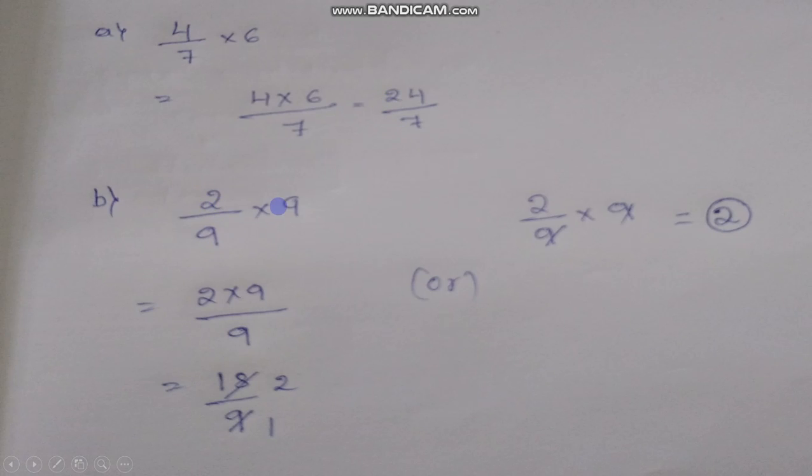Again 2 by 9 into 9, we can multiply 2 into 9 by 9. It becomes 18 by 9, 9 twos are 18, the answer is 2. Or you simply cancel: in 2 by 9 into 9, the 9s get cancelled, the answer is 2.